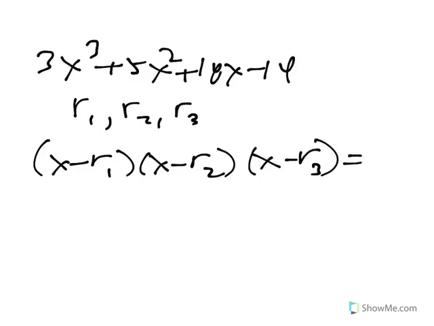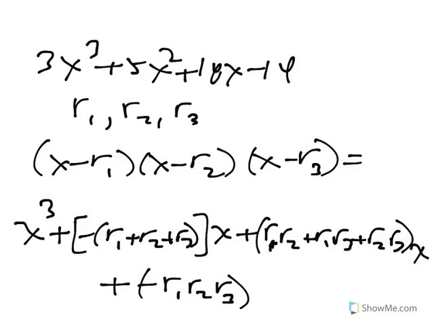It would become this pretty complicated expression when all the like terms are put together. But you'll notice that again we have the middle term, or the second term, that is the negative sum of the roots. And the last term is still, well, it's not exactly the product of the roots, it's the negative product of the roots. And this other term is kind of strange.